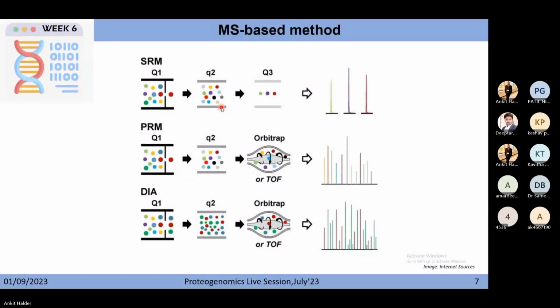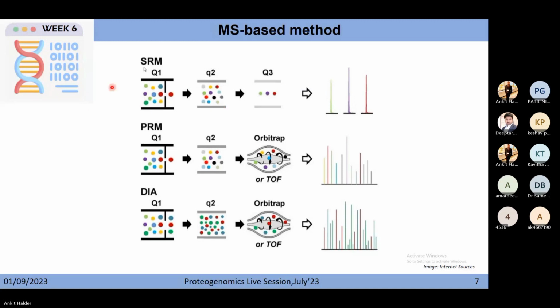If you remember the principle of the quadrupole mass analyzer, it has four rods with two opposite charges, and it acts as a kind of filter which allows ions of a particular m/z to pass through.